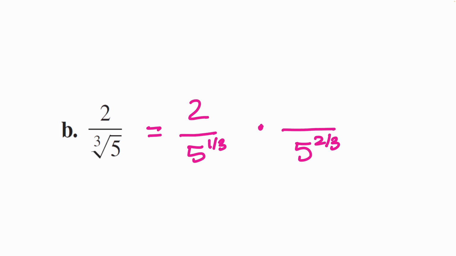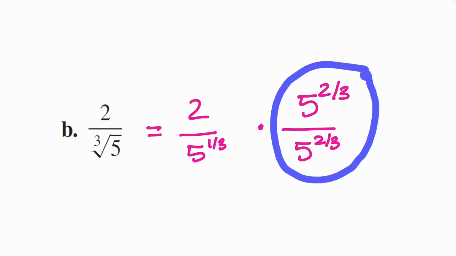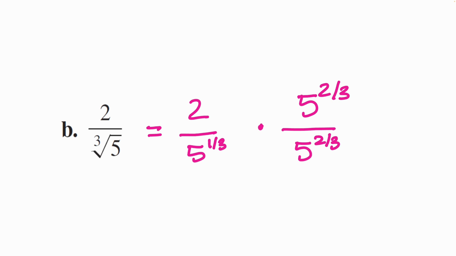I'm glad we did this example because it is a little more complicated than the example that we did before. And whatever we do to the bottom, we have to do to the top so that they stay the same, because we're not allowed to just multiply willy-nilly. We have to keep it equal. The way we do that is by saying this is really just multiplying by 1, because the numerator is exactly the same thing as the denominator.